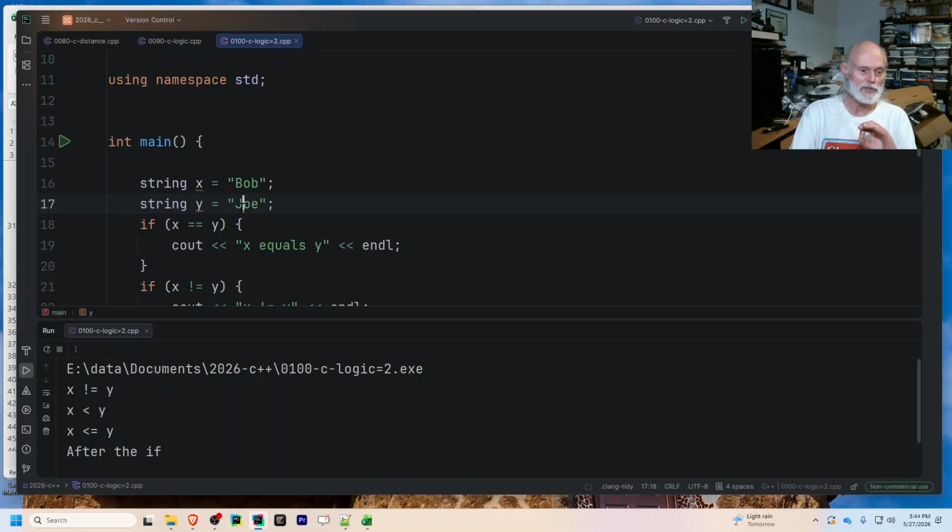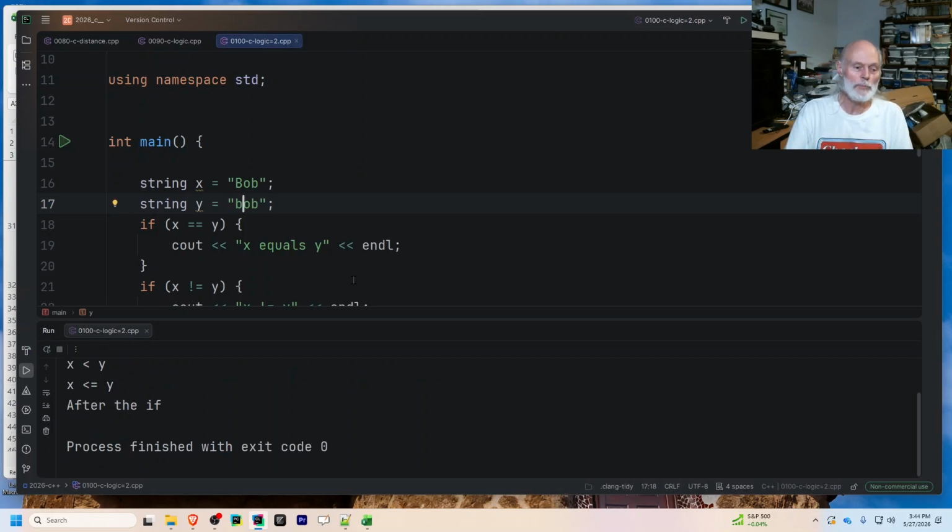So if we made this Bo, it would look at the B's, they're the same, the O's are the same, and then go to the E. And a lowercase e has a higher ASCII value than an uppercase e. Let me go back to Bob, make Y a lowercase b.